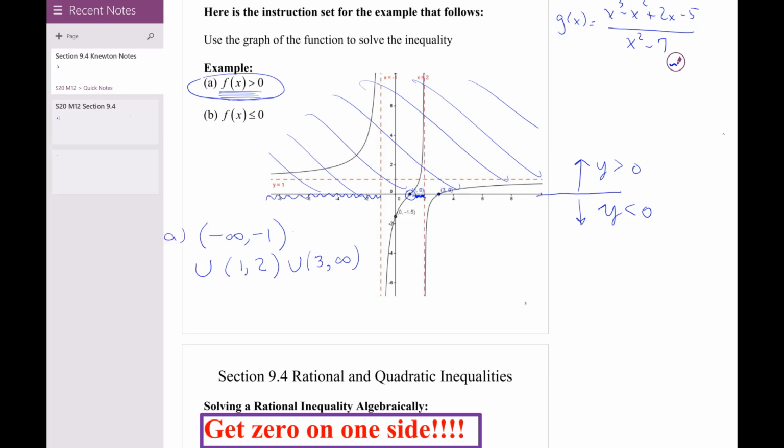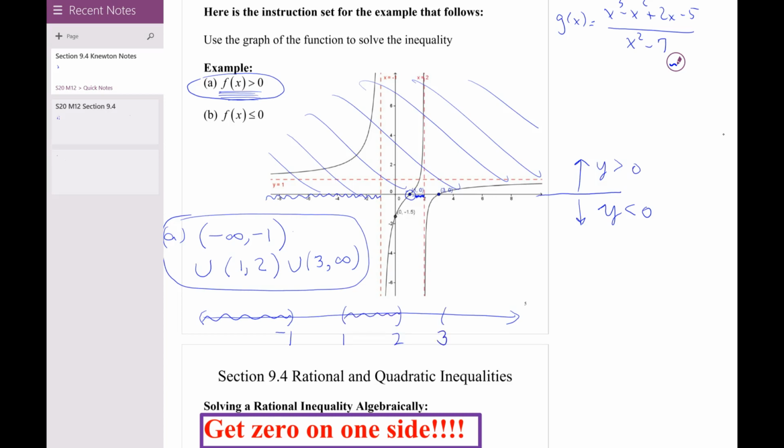So this is the solution in interval notation. But then we also need to show this on a number line graph of the solution set of x values that make the inequality true.